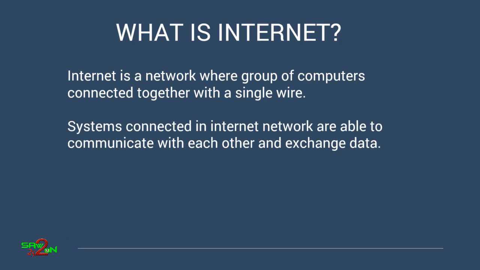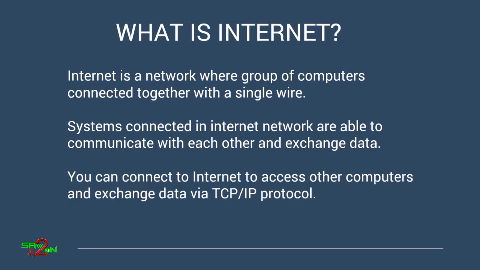Systems connected in the internet network are able to communicate with each other and exchange data. That is the main purpose of internet. You can connect to the internet to access other computers and exchange data via TCP/IP protocol. So that's the purpose, right? If Jim wants to find Bob's computer, they connect to the internet so that they can now be visible and they can connect with other computers that are visible in the internet as well. Well, that's the purpose of internet.